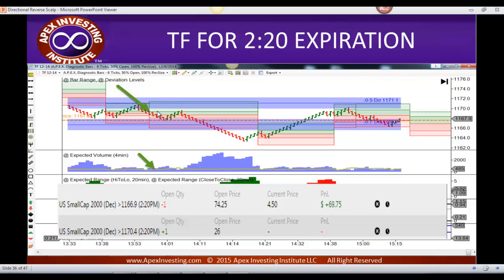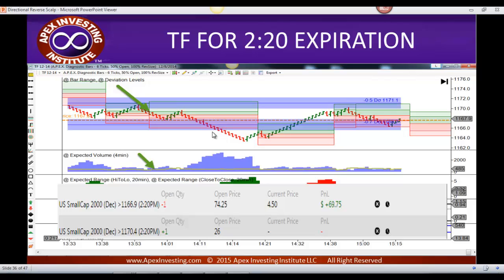As you can see, the one I bought is worthless because the market went where? Down. Market was trending, kind of chopping back and forth, had higher expected volume.